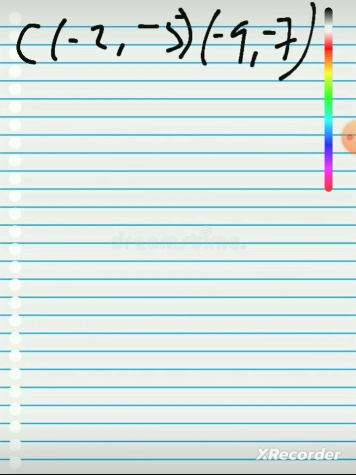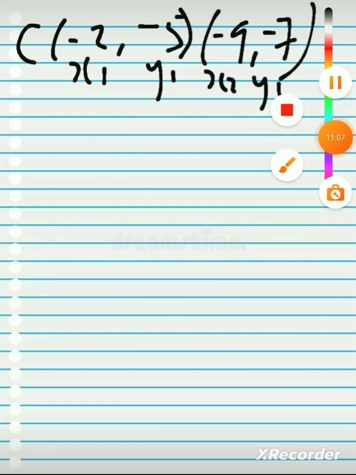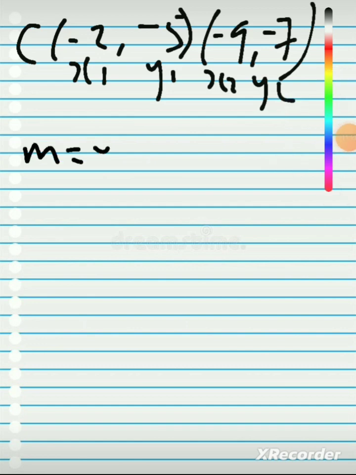We go to c. Okay, so c, we have -2 comma -5 and -9 comma -7. So this is x1, y1, x2, y2. So our gradient as usual is y2 minus y1 over x2 minus x1.